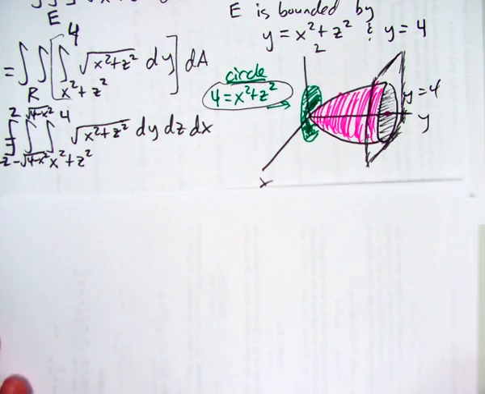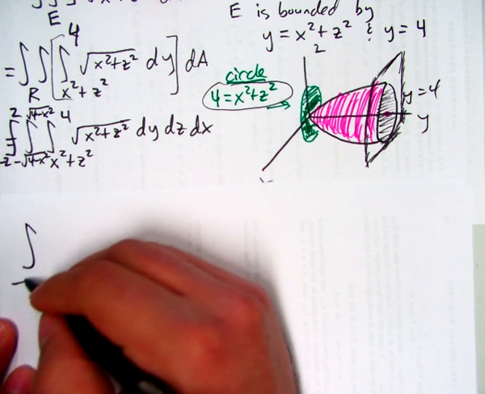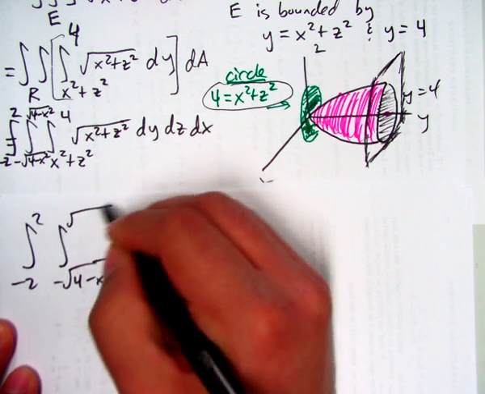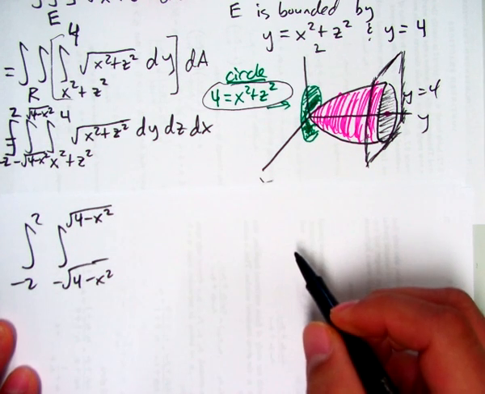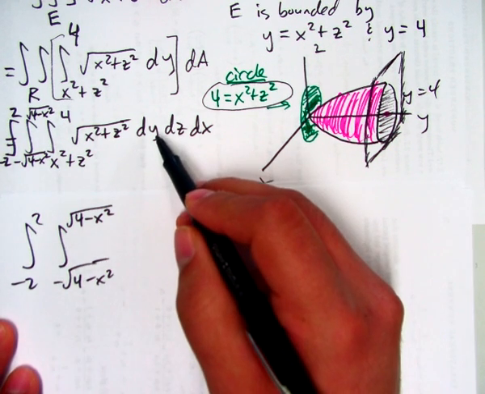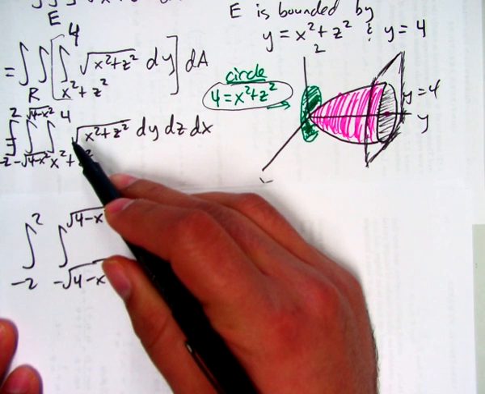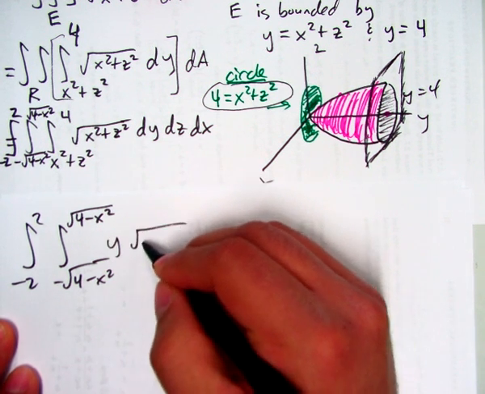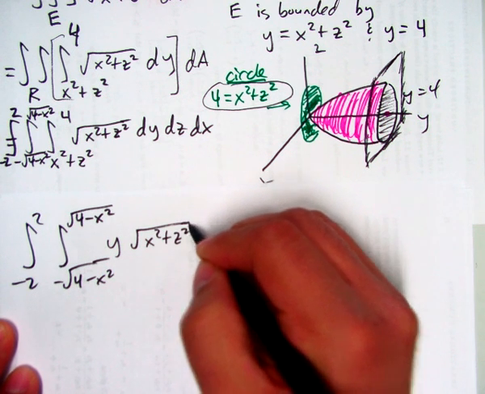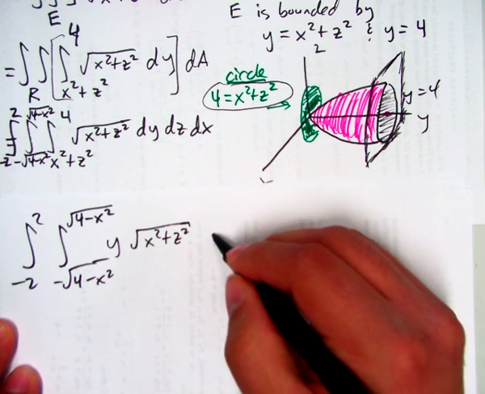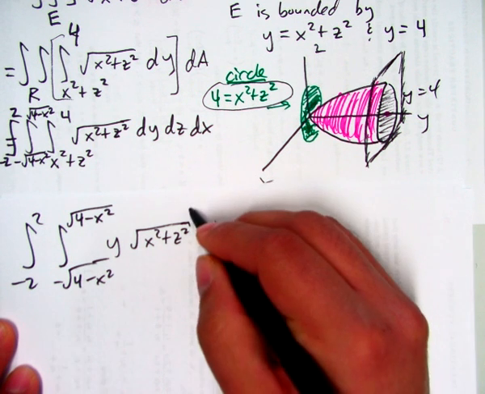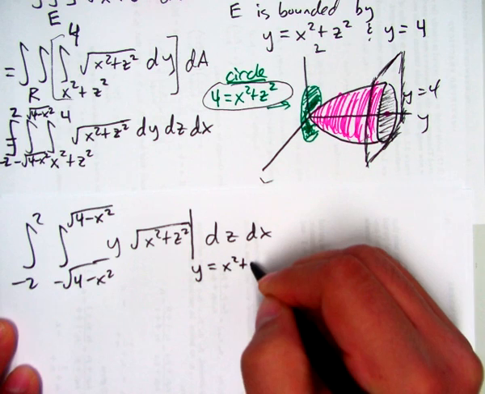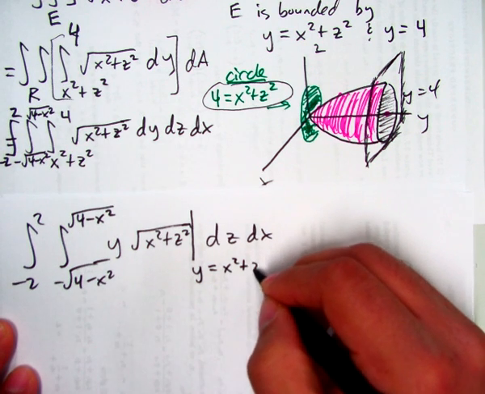So let's say I integrate the first time. With respect to y first, that just throws in a constant of y, right? This equals 1. And now here we're going to plug in our bounds, y equals x squared plus z squared, and y equals 4.